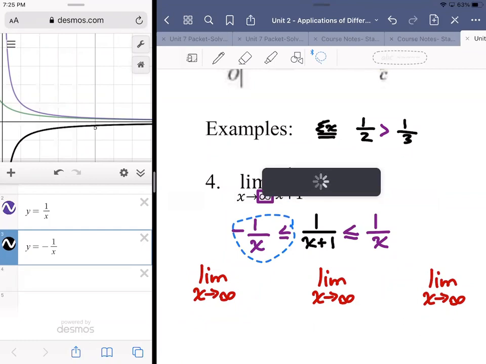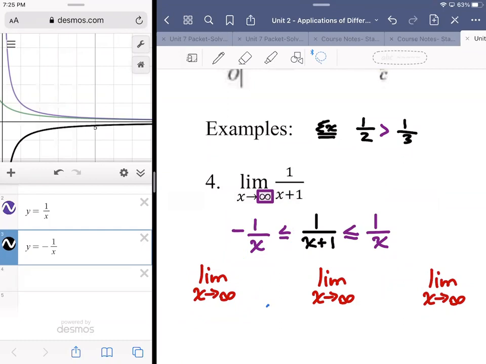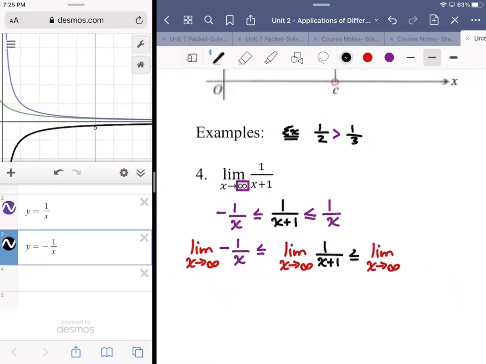All right, I'm just going to write it. Knowing that I can't really find the limit of the one on the inside, in the middle, but I can find easily the limit of the functions that surround it.